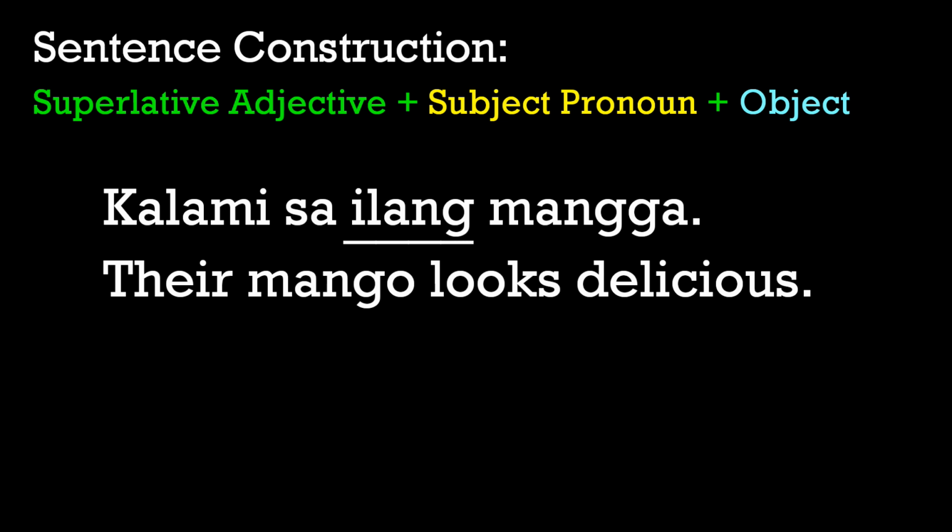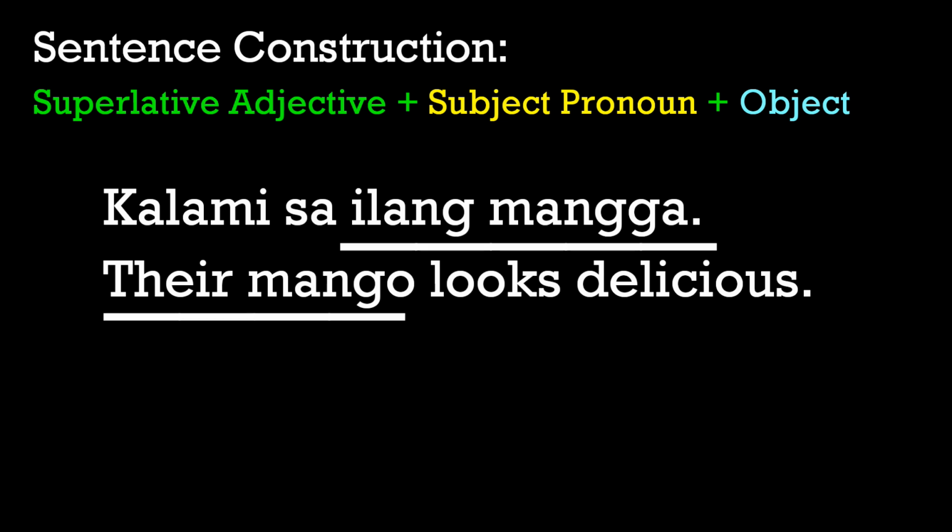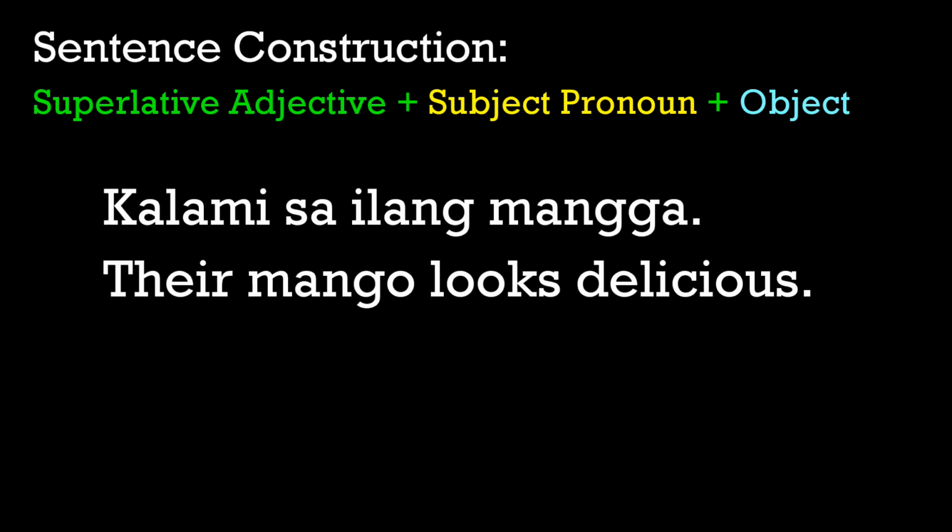That's why we say ilang mangga, their mangoes or their mango. Okay, now I use sa here, because my adjective is directed to their mangoes. Now our object here is the mango, because we're talking about that thing, that item.